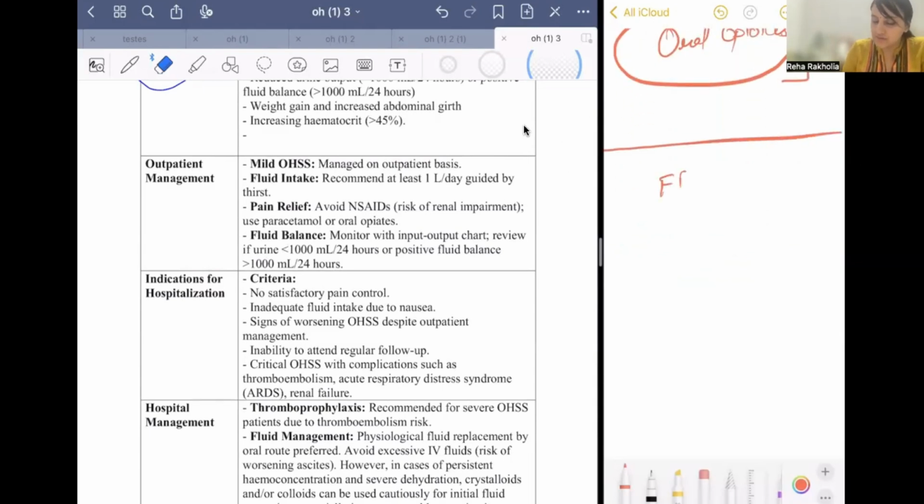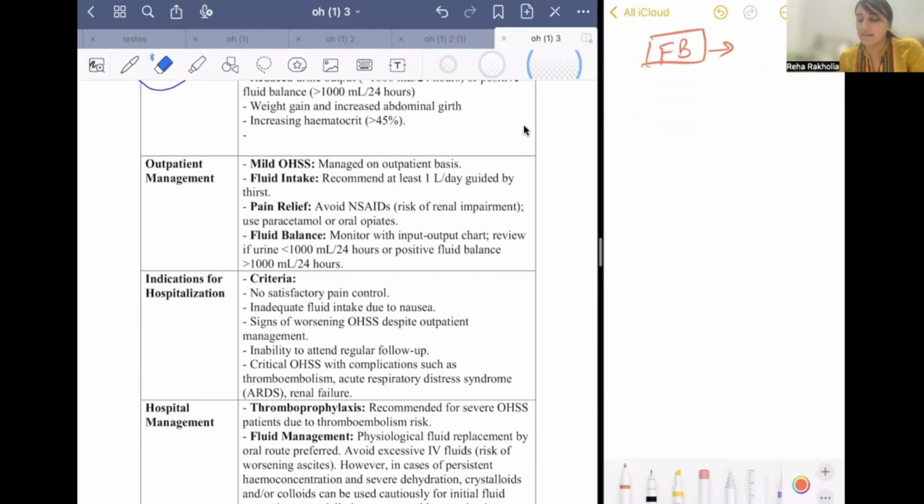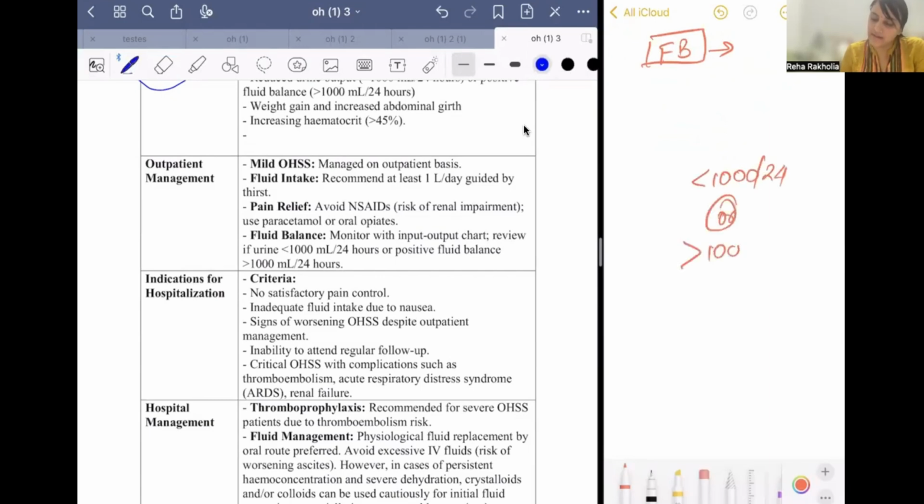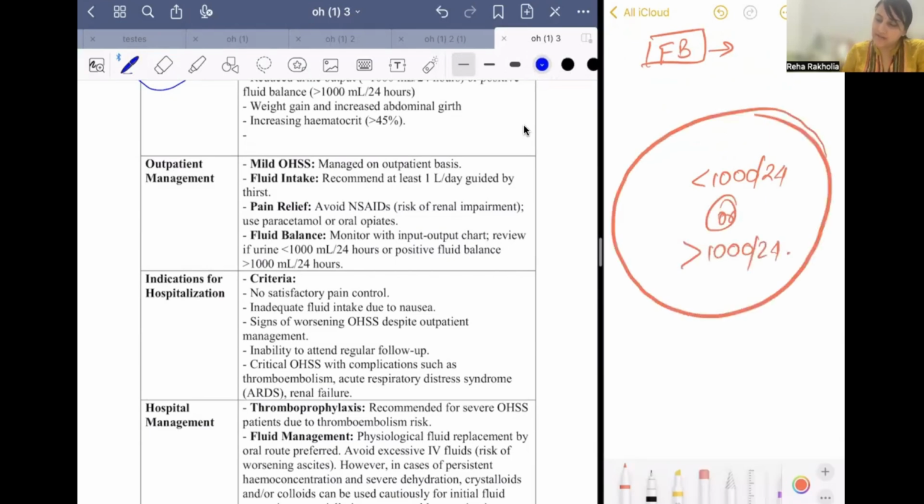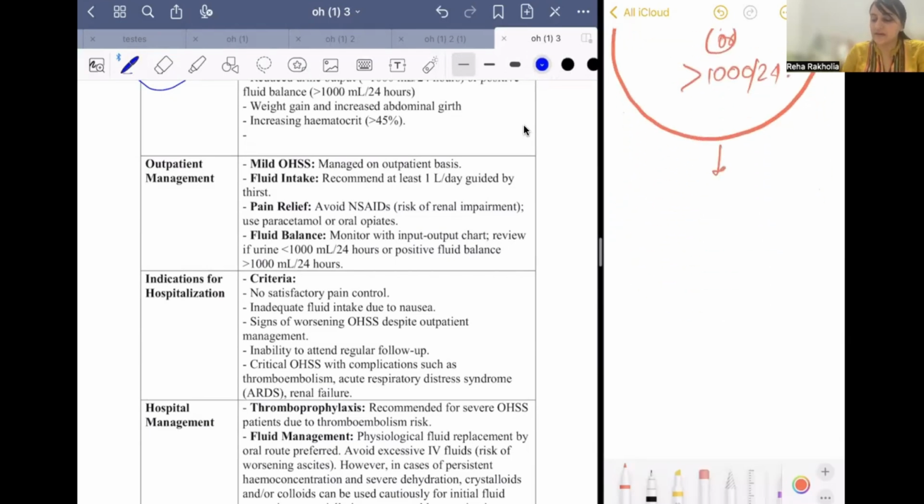Fluid balance is also very critical and must be monitored, there should be an input and output chart. If urine output, I have already told, if urine output is less than 1000 ml per 24 hour, or if their positive balance is more than 1000 ml per 24 hour, further evaluation and management are necessary to prevent complications.